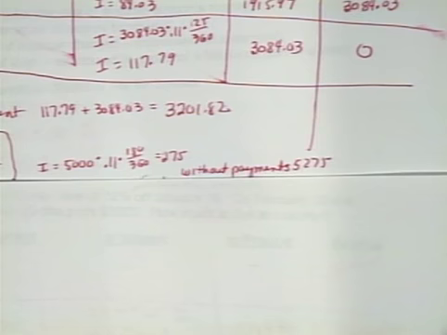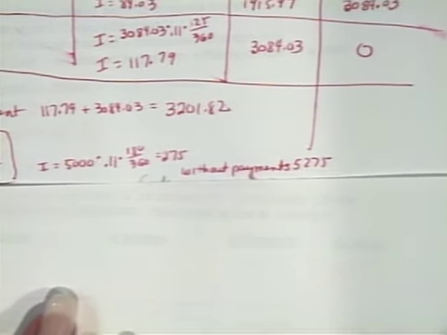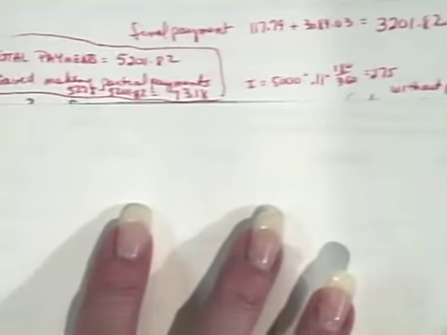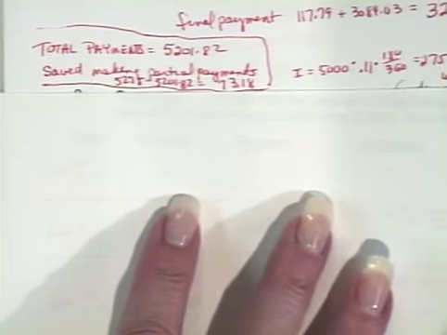Okay, are you with me? How much did Dave save by making partial payments? What total payments did he make right now? You said that minus... Good. Tell me what you said one more time, Josh. Well, he saved... Right.